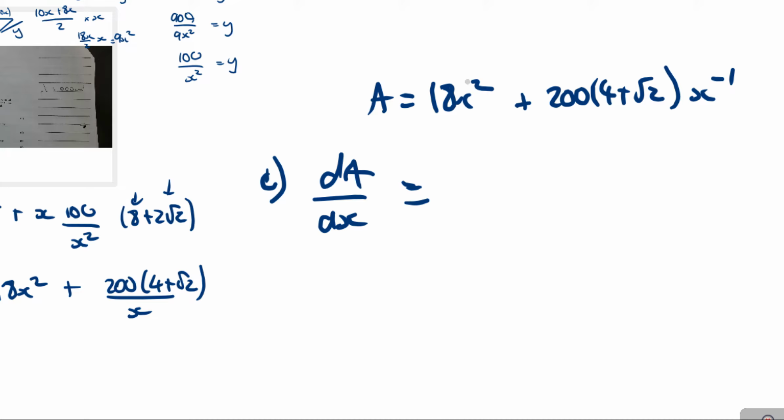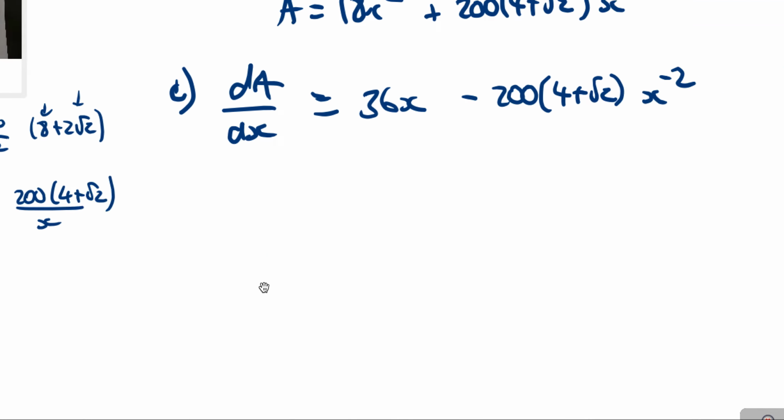If we differentiate this, it becomes 18 times 2, which is equal to 36x, and then minus, because we're going to times by minus 1, so minus 200(4 + √2)x^(-2).